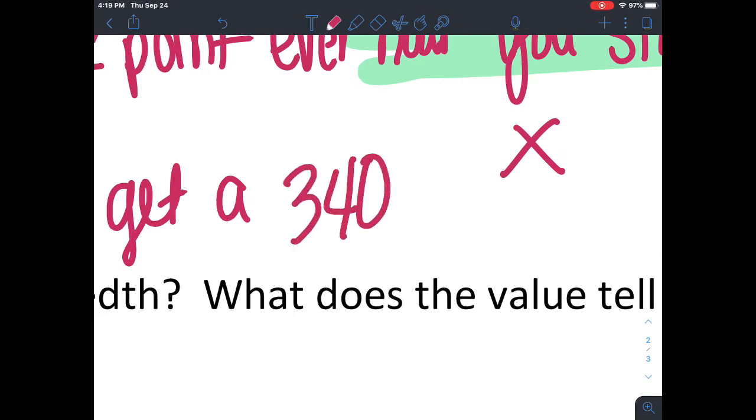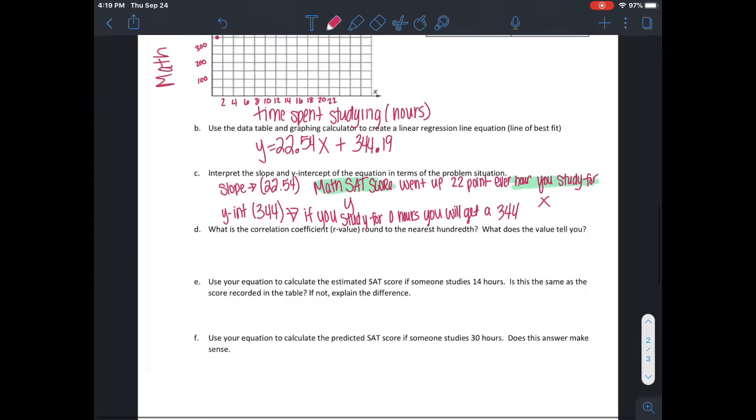Even though you really can't score 344, it's in increments of 10, so you'd either score between a 340 and a 350, but that's okay.